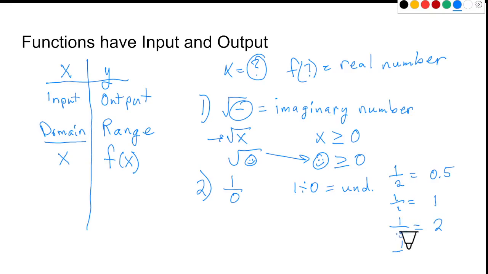And try this one, 1 divided by 0.0001. You'll see that that's actually going to be 1/10,000. So if you take the reciprocal of 1/10,000, I get 10,000, a very large number. So the closer we get to 0, the larger the number gets.